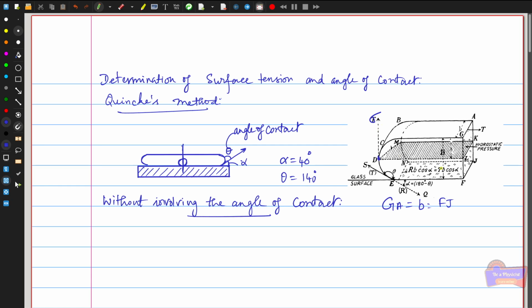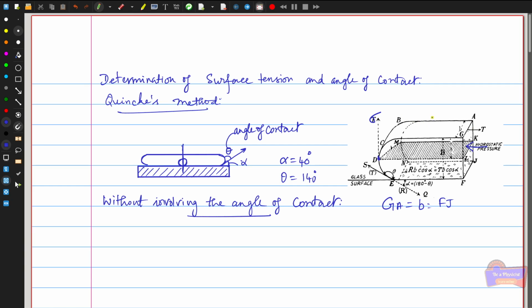Another force is the lateral hydrostatic pressure facing this face G, L, K, A, due to the neighboring part of the liquid on its right side. Half of the liquid is on the right side, producing the hydrostatic pressure on this part.